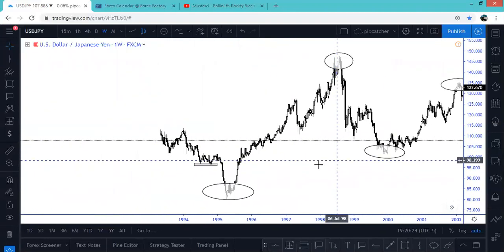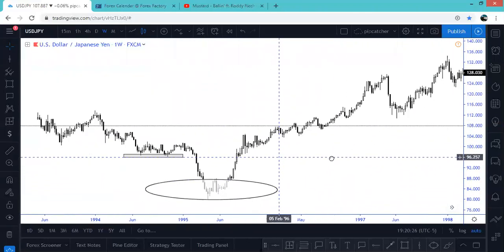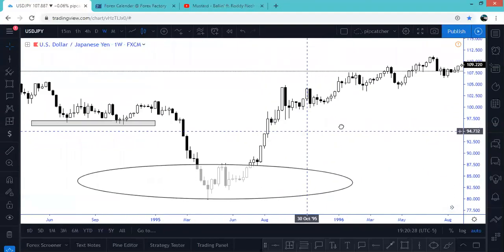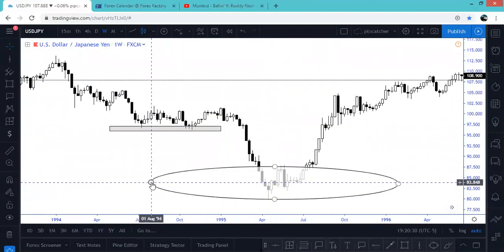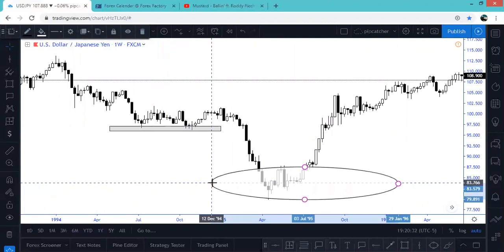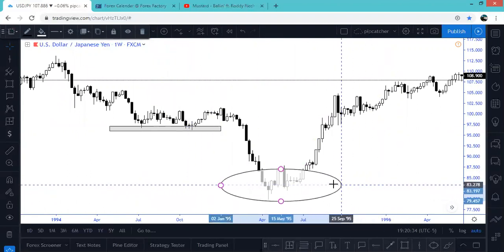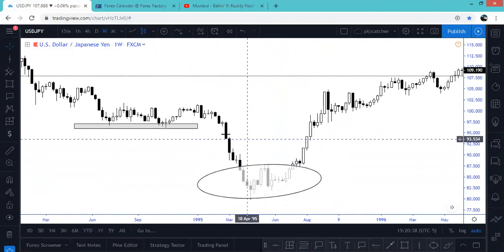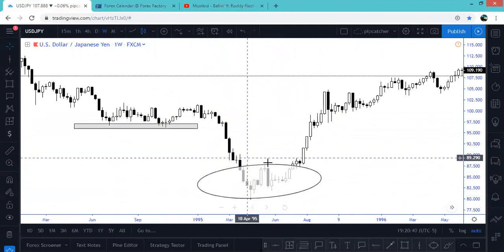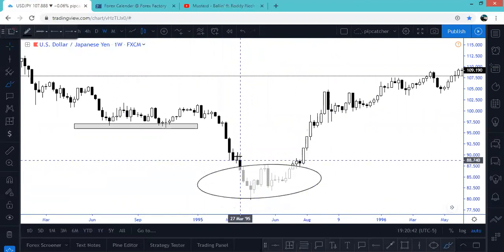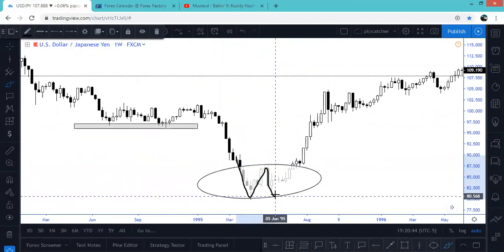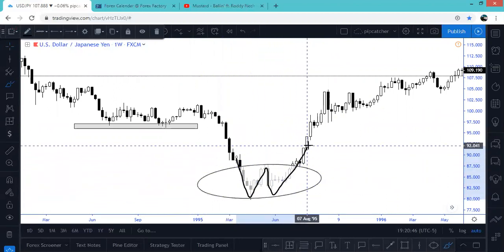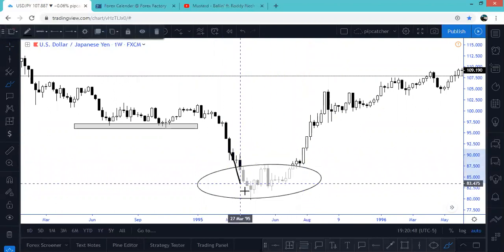All right. Okay, so we're in this area. Now, one thing that we see on higher time frame perspective is a simple market structure pattern.